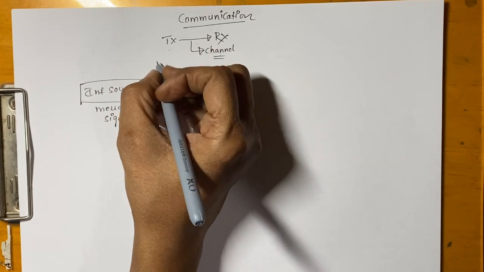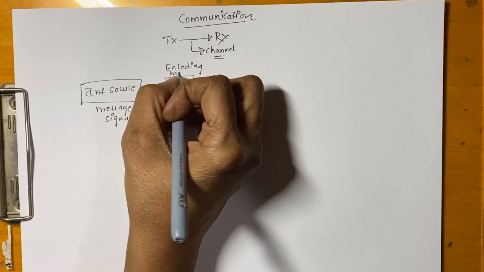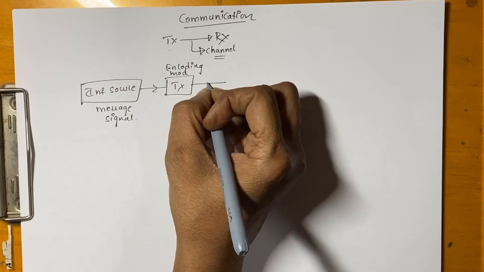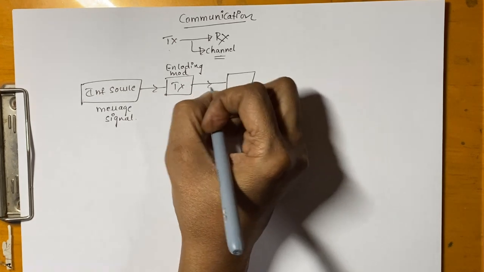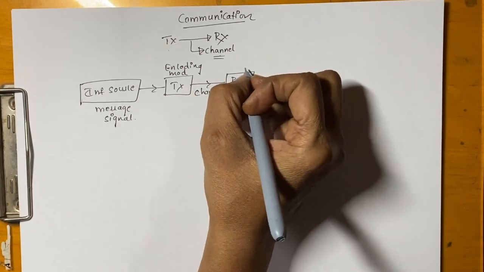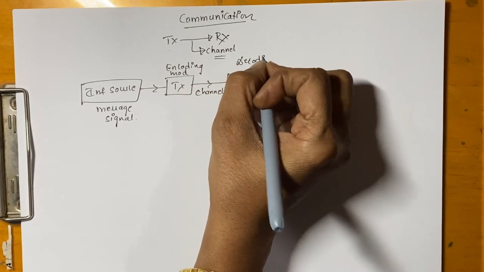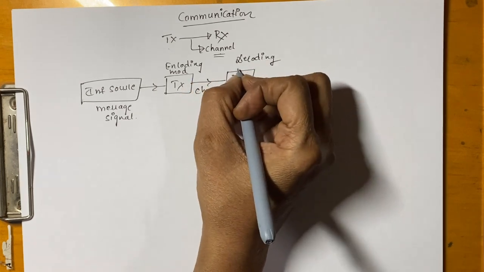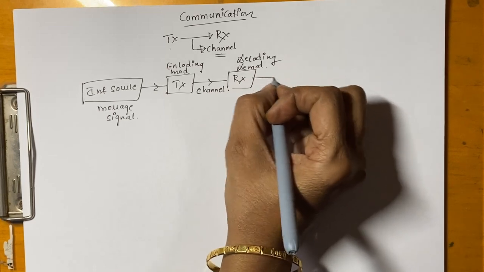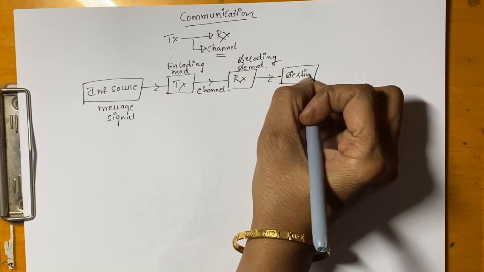So in this transmitter, encoding and modulation takes place, and the modulated signal is being transmitted to a receiver through a channel, and at this receiver the reverse process of encoding takes place, that is nothing but the decoding, and the modulated signal gets demodulated at this point, and finally it will be received at the destination.